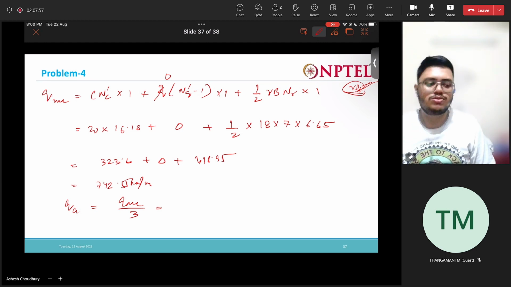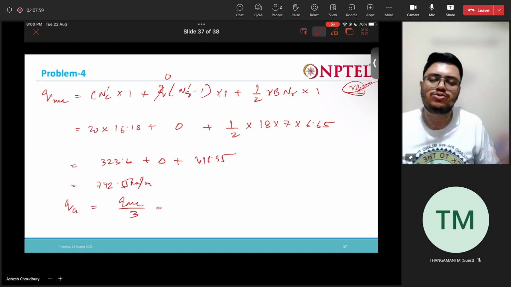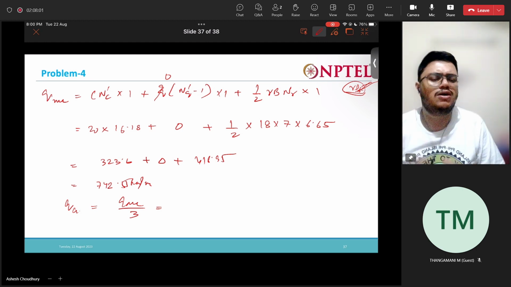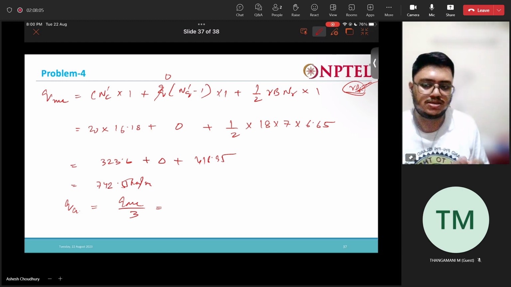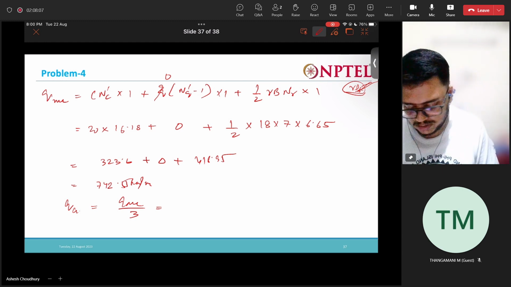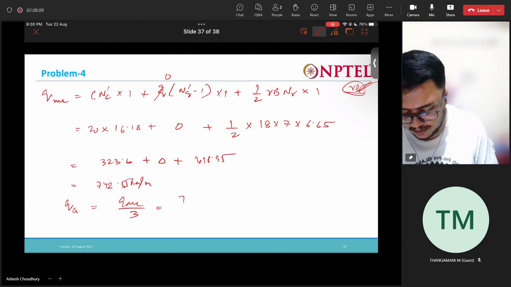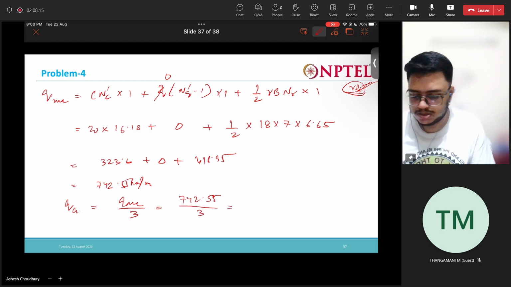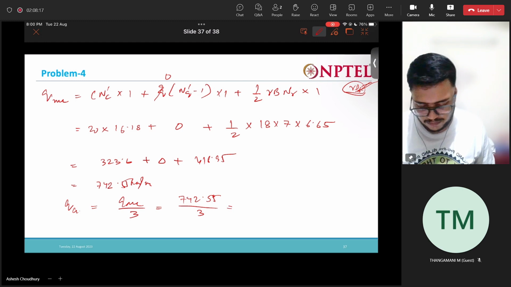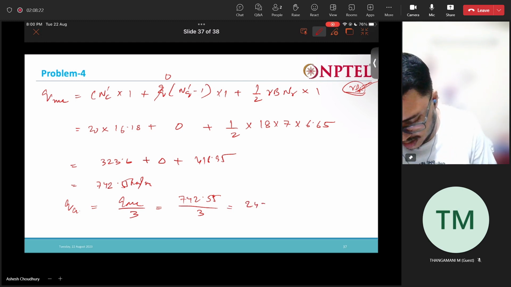This factor of safety of around 3 also takes into consideration the settlement factor. So 742.5 divided by 3 is 247.5 kN per meter square.